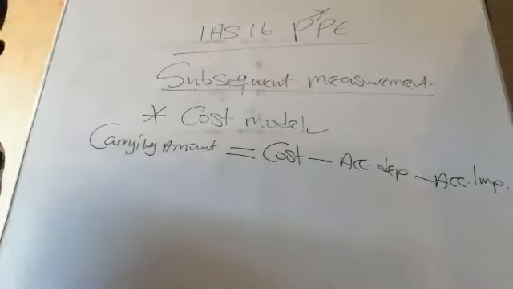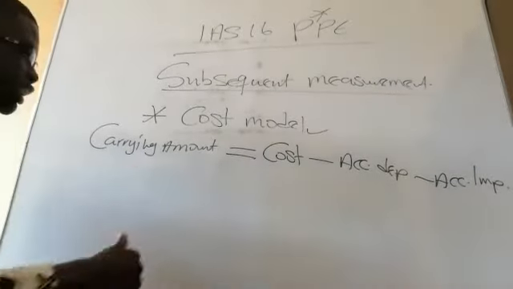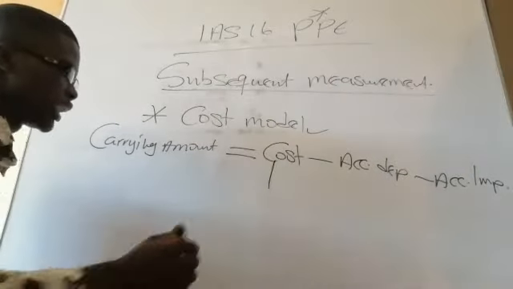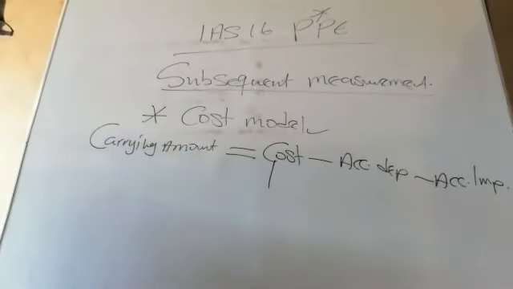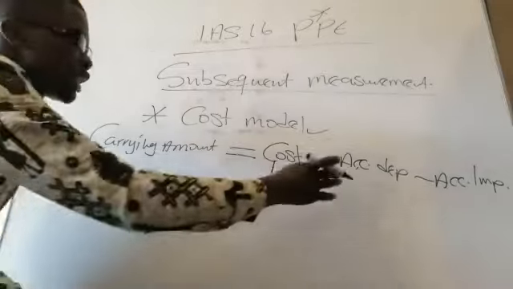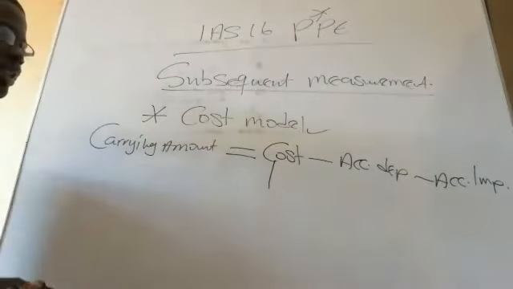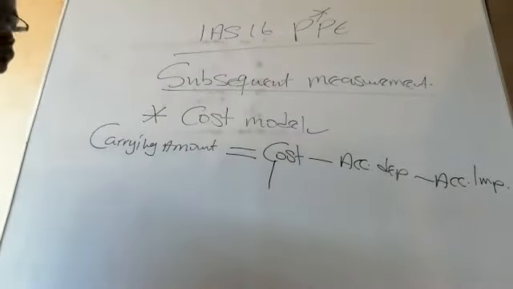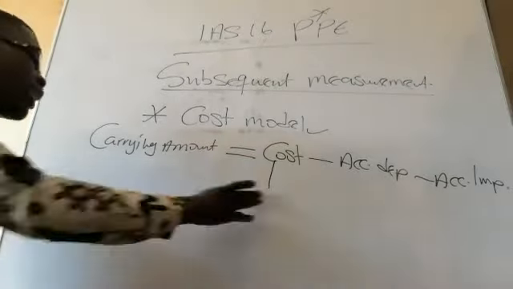So if you want to get a carrying amount, the cost of the asset comes from the initial measurement, the initial cost, less the accumulated depreciation, less any accumulated impairment loss. That is the carrying amount.